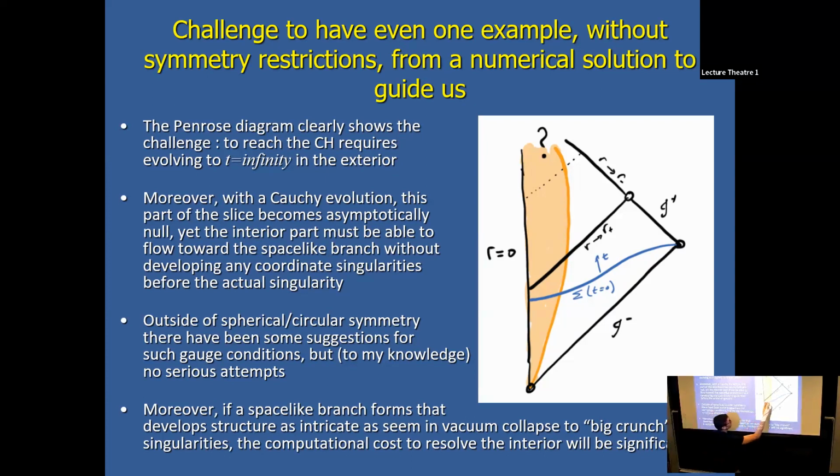If we know that there's a piece of the Cauchy horizon that we have to get to in order to understand this full structure, this slice has to evolve all the way up until that point, or at least close enough so that we can say we are asymptotically close to that point. Of course, we'll never get exactly there in some numerical scheme, but sufficiently close.